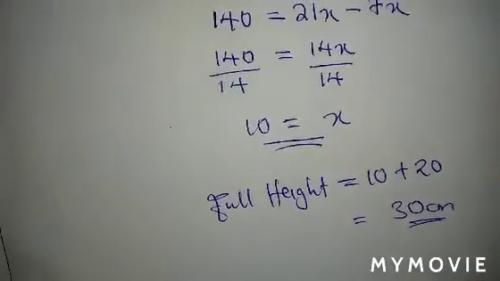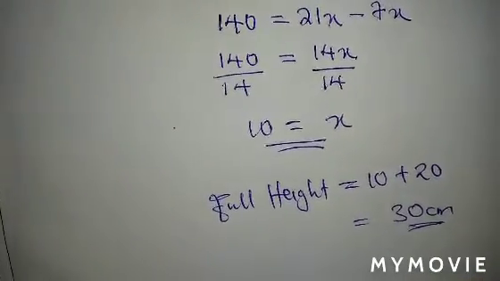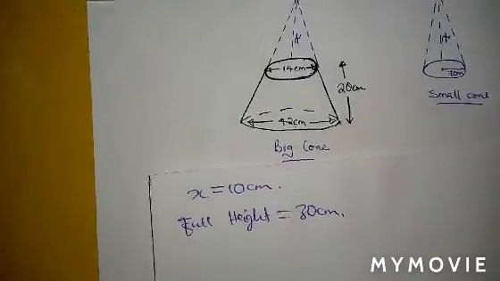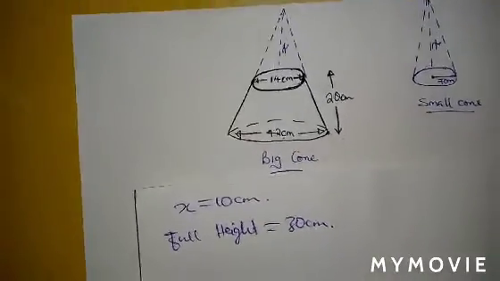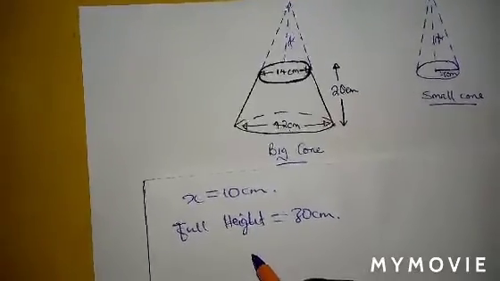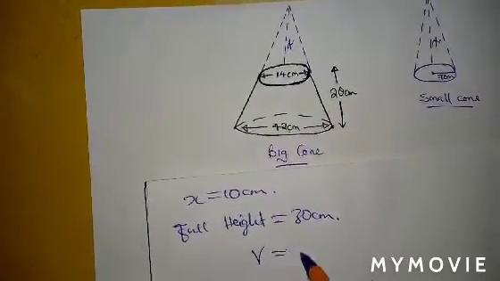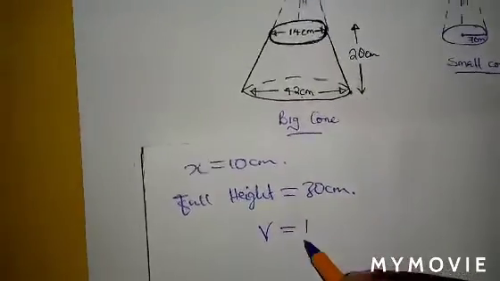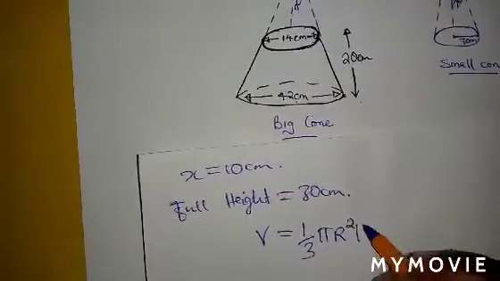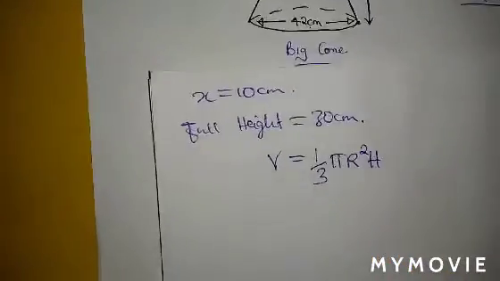After finding the full height, we now need to calculate the volume of the big cone. Let's now calculate the volume of the big cone. We know that the volume of a cone is equal to 1/3 r squared h, where h is the height.